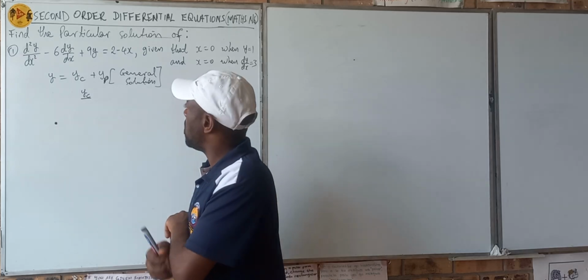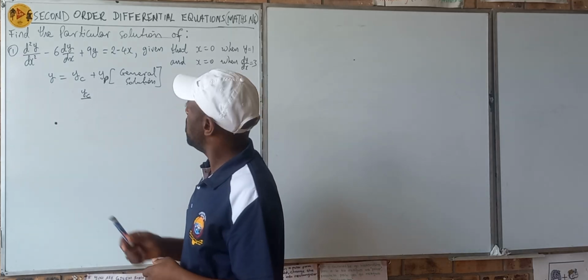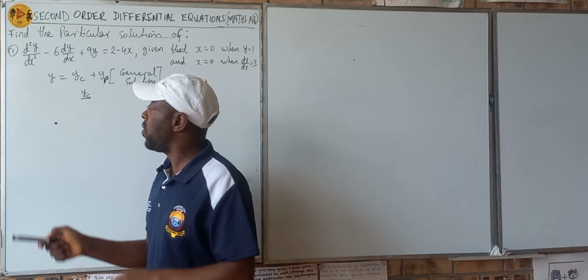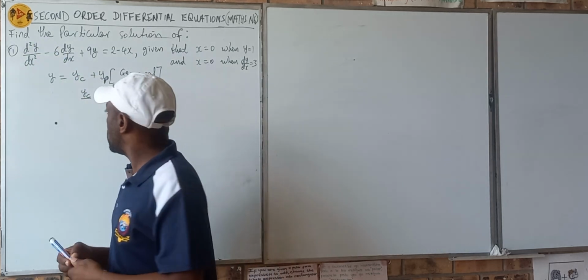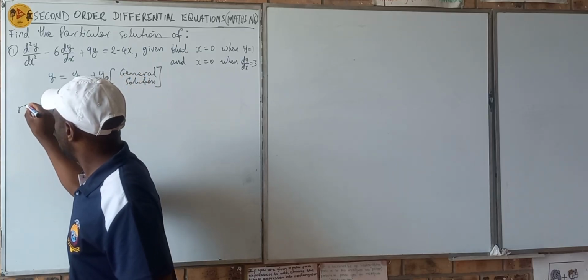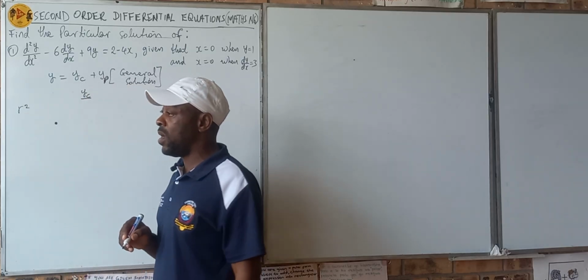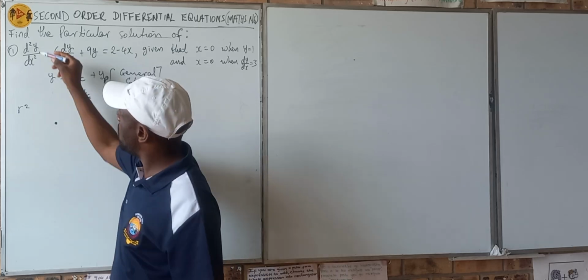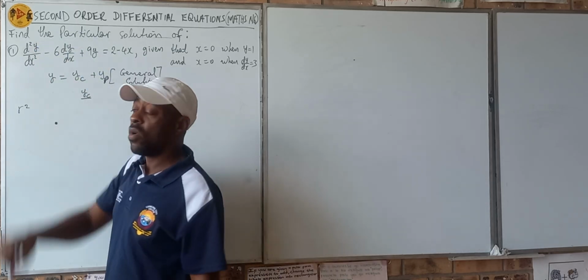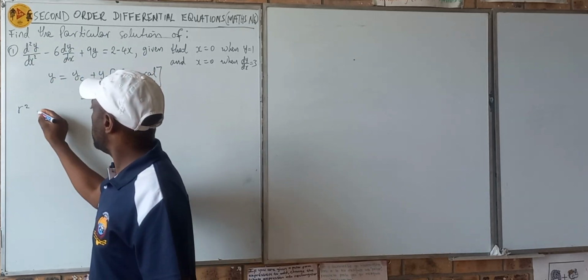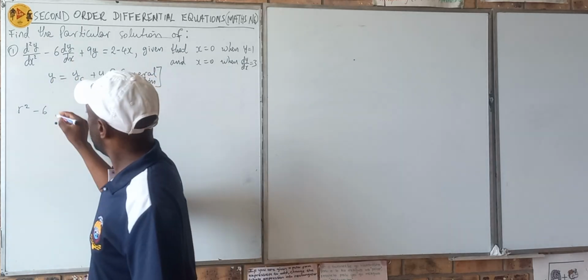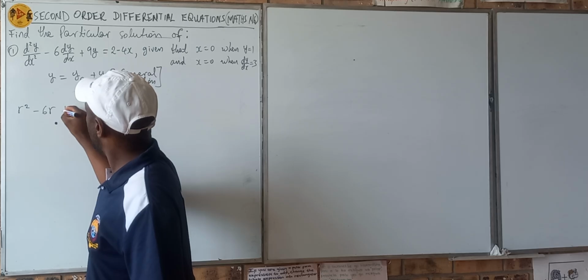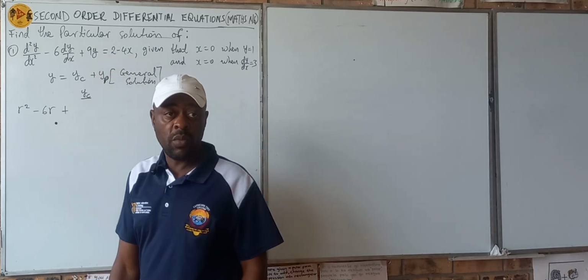If I am to create a quadratic equation using the original differential equation, my second derivative I will call r squared, if you choose to work with the variable r. Everywhere you see the second derivative, you call it r squared. Then the first derivative, you will call it r, and then your y will be 1.